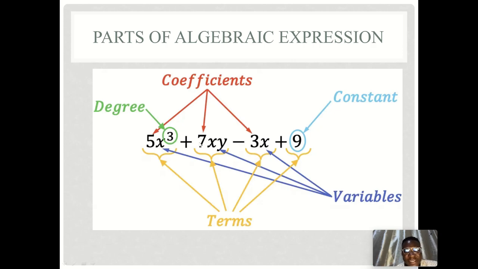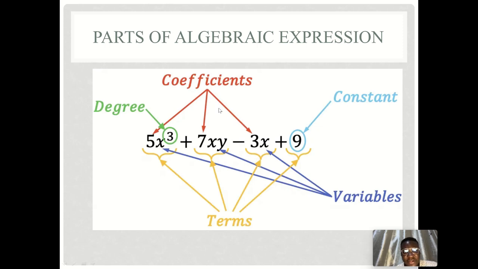So you see that this is a plus, this is minus, this is plus. So it means the 5x raised to the power 3 is the first term, 7xy is the second term, 3x is the third term, and then 9 is the last term. So there are 4 terms in this particular expression.